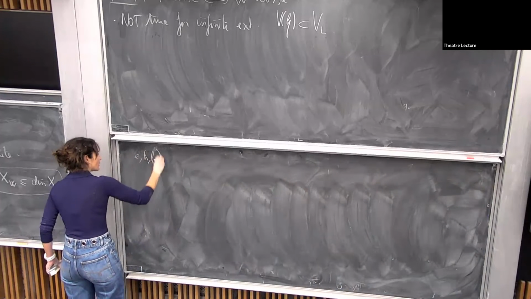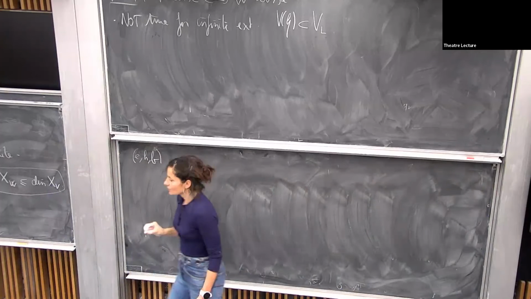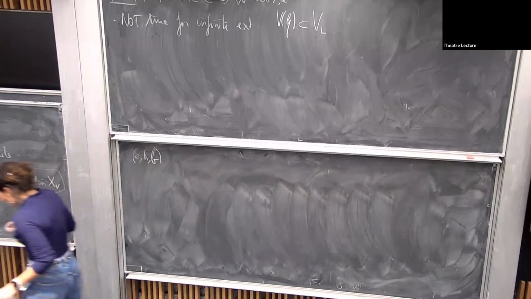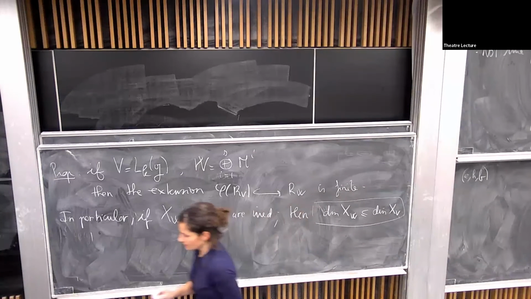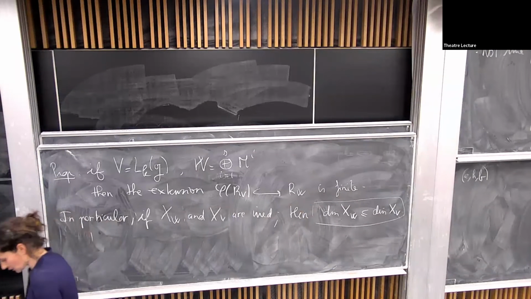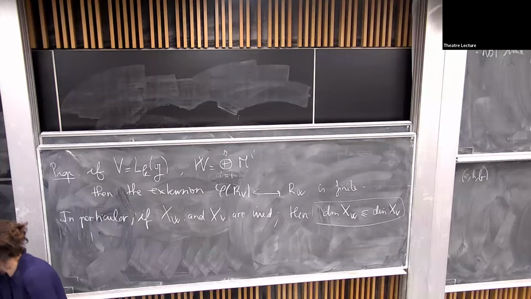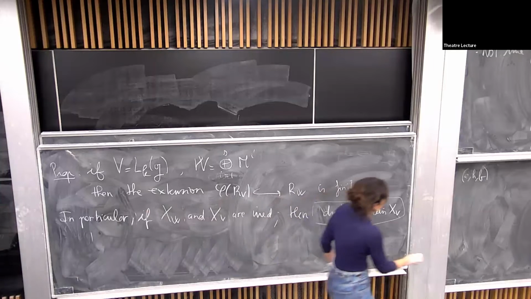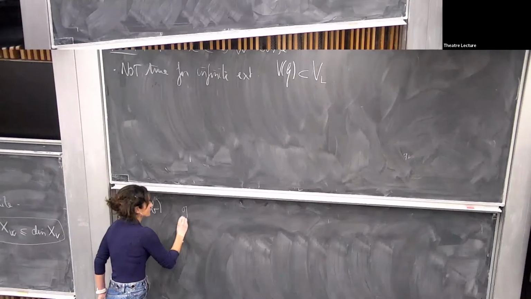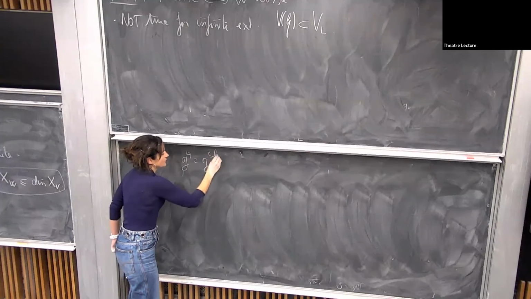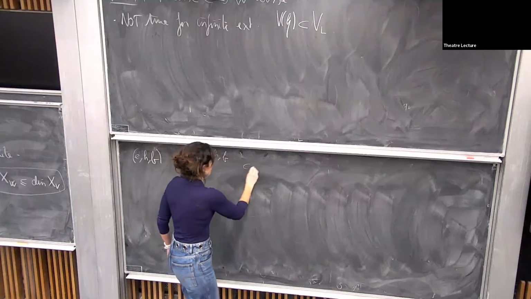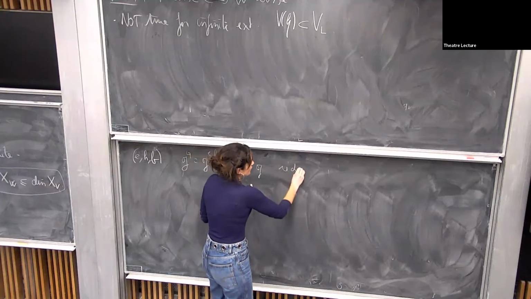So remember the SL2 triple. You can consider the centralizer in G of this SL2 triple. So let's consider the centralizer of this SL2 triple. It is known that this is a reductive Lie algebra.